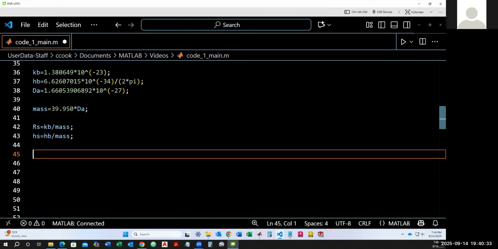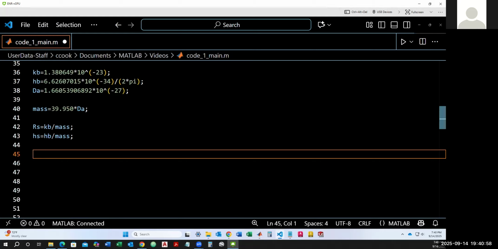If we go on to the JANAF website, we take that CP value and divide it by the molar mass, and we will have the specific heat coefficient at constant pressure. Then we can use the Meyer relation to get the specific heat coefficient at constant volume.